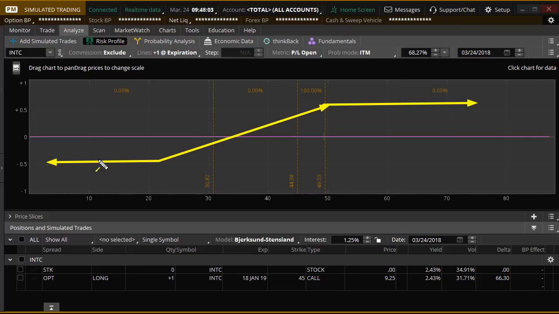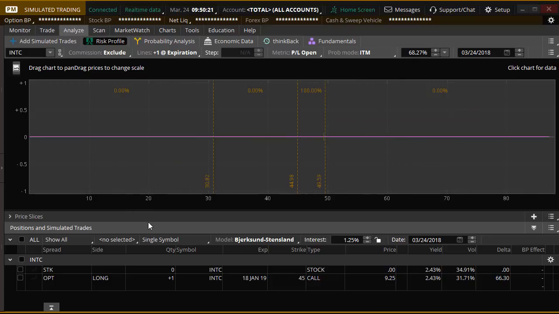Okay. Now, what if we were to take a trade and add elements of both a long trade and a short trade together? If we do a bull call spread, a debit spread, a credit spread, a bear call credit spread.